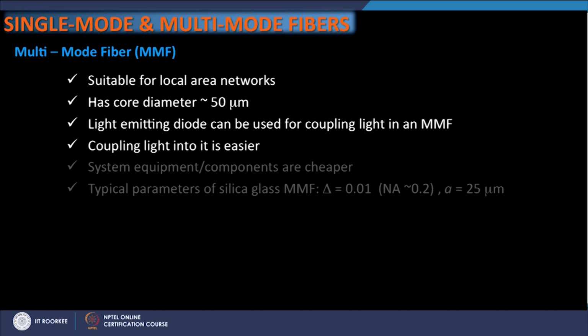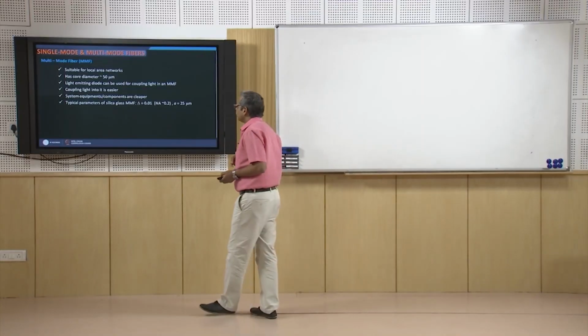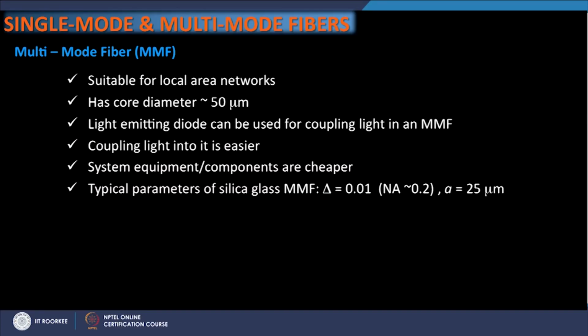Since it has large dimensions, coupling of light is easier, and system equipment and components are also cheaper. Typical parameters of a silica glass multimode fiber are delta about 1%, which corresponds to 0.2 numerical aperture, and core radius about 25 micron.